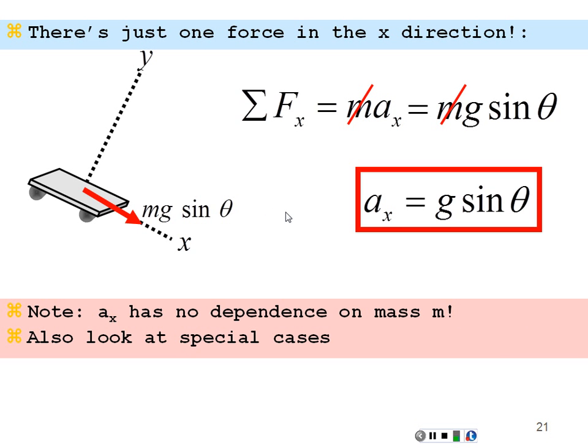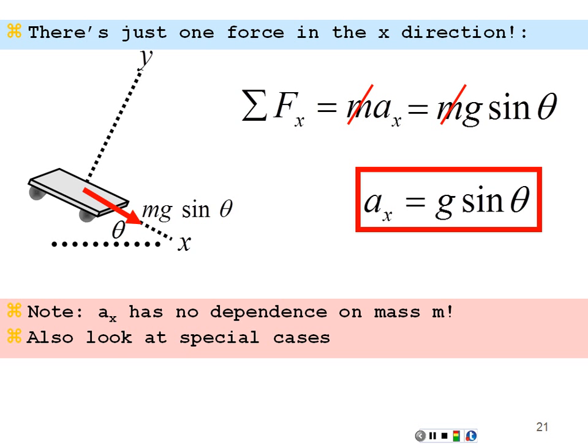Also look at the special cases. Maybe I'm confused as to whether this should have been g sine theta or g cosine theta. One way to check that is to look at the extreme case. Let's say I take my incline and go all the way down to 0.